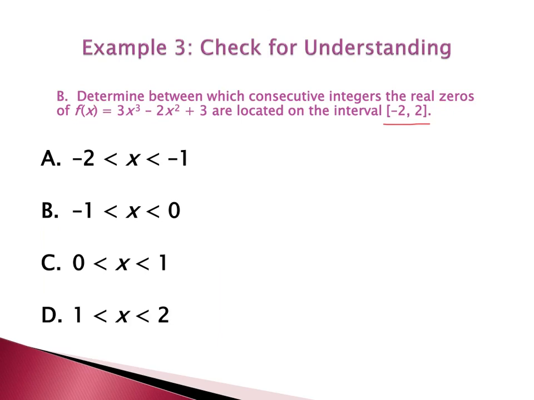You have 4 choices, A, B, C, and D. You are only asked to graph the function between negative 2 and positive 2, and then determine between which consecutive integers the real zeros exist. Go ahead and graph the function and analyze the table, and then choose the answer that you think is correct.